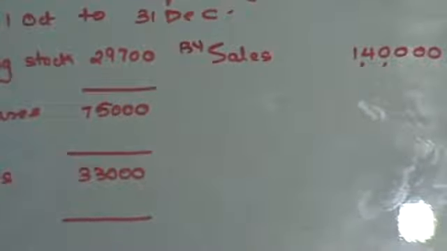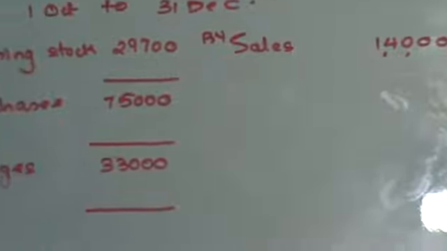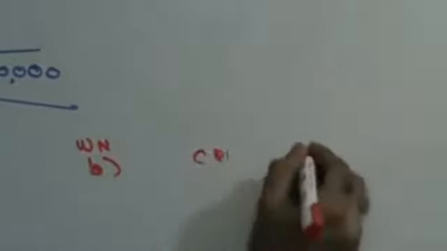Fine. Let's see the adjustments now. The rate of gross profit is 33 1/3% on cost. Working note 1. Let's see point number B. Since they've said on cost, assume cost price as 100. Profit is 33 1/3%, therefore selling price will be 133.33. Profit is going to be 33.33.